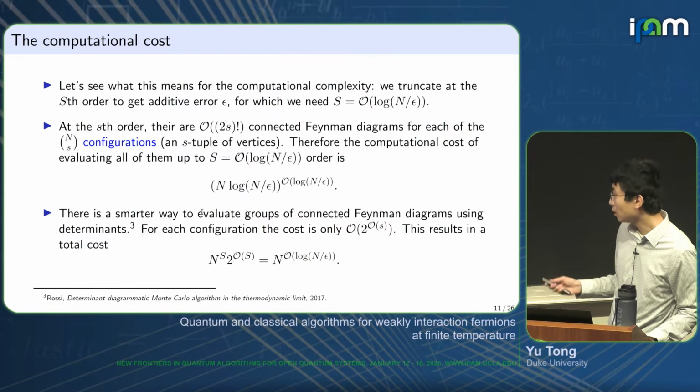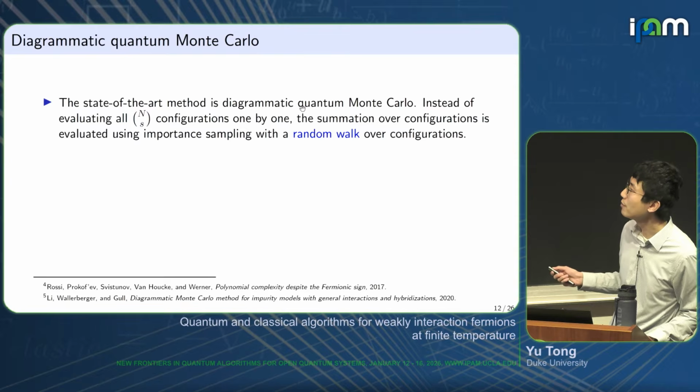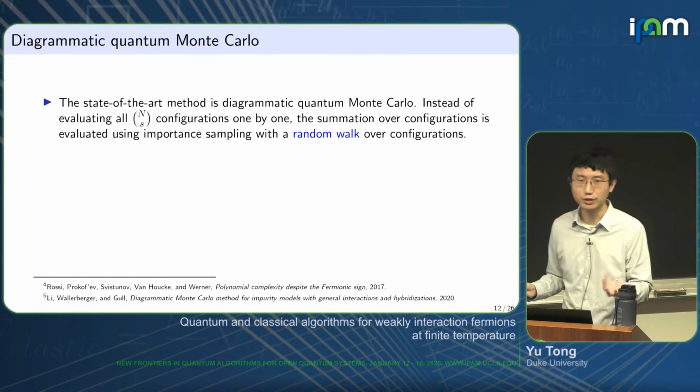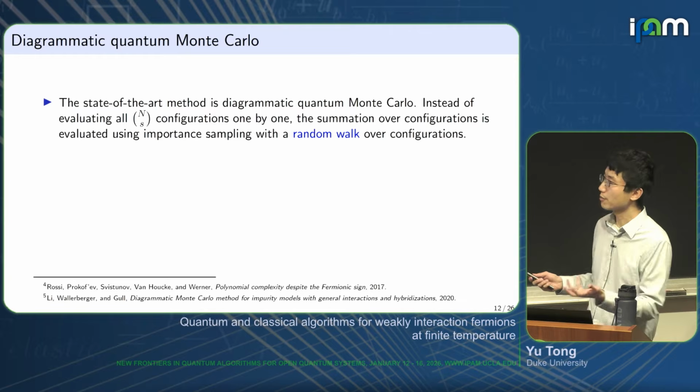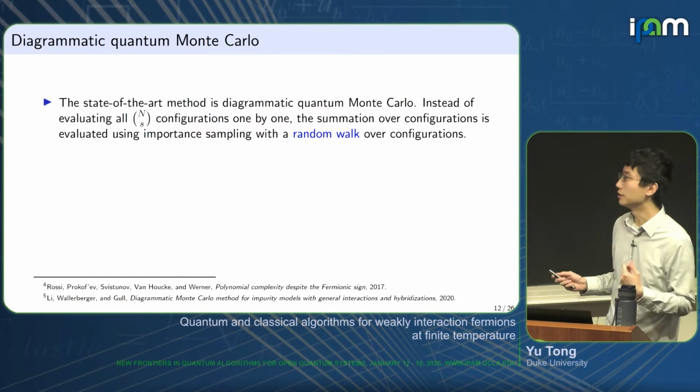So let's say we don't add up all the configurations one by one, but do this summation through importance sampling, aided by a random walk over configurations. This is called diagrammatic quantum Monte Carlo, and this is what people do in practice to evaluate this thing.